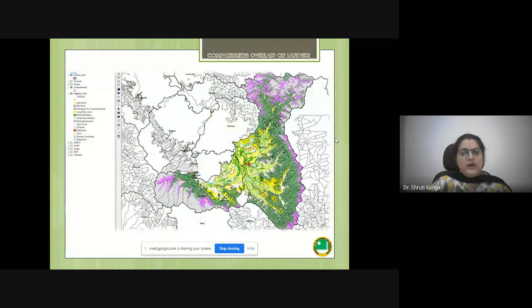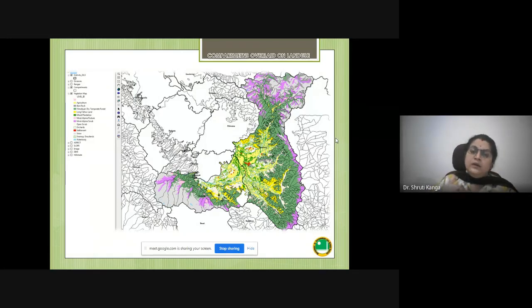Then we can also have the land use land cover map for the complete state, in case of construction of any forest management system at a block level, a range level, or a division level. So complete information about the land use land cover has to be plotted over that particular area.